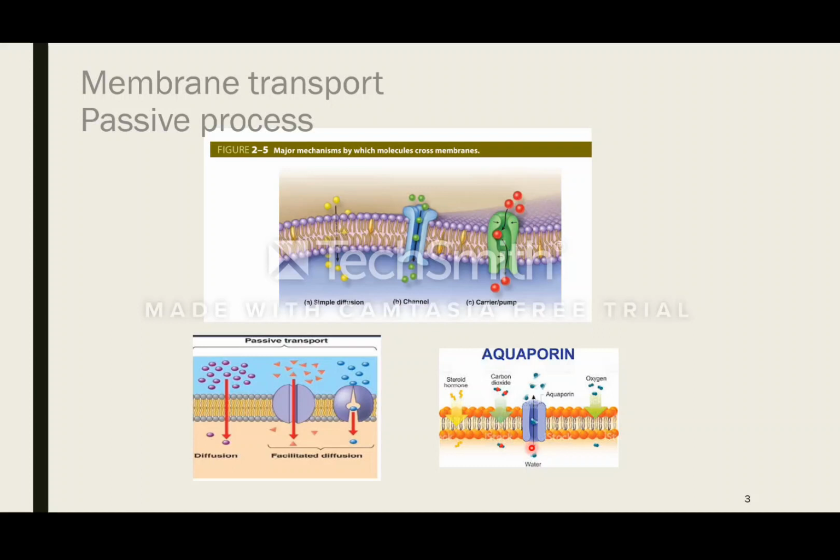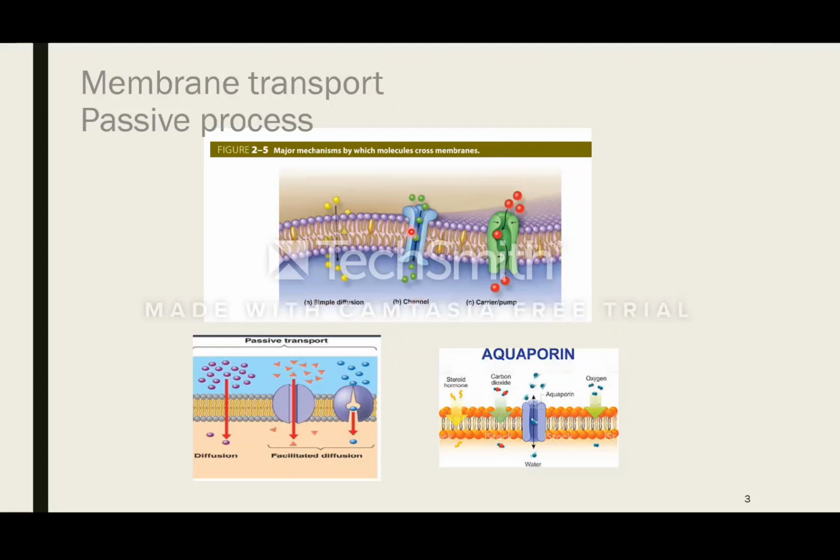But these proteins, most of them are transmembrane proteins, or no, maybe in simple diffusion they pass through the phospholipid bilayer, such as some hormones, for example steroid hormones, whose biochemical structures include lipid, so they can pass by simple diffusion.